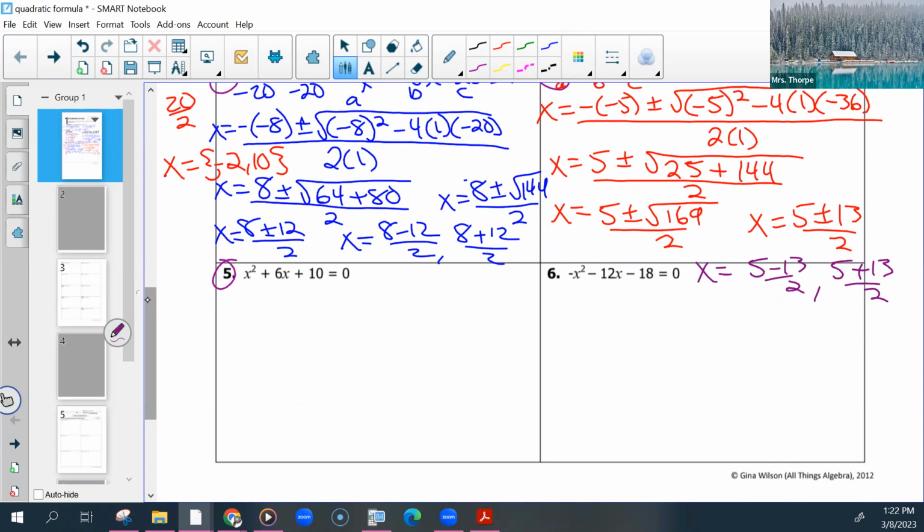Figure out what those two solutions would be. That would be the numerator, you still have to divide by 2. So, can one of them be a -4? Questions on that?